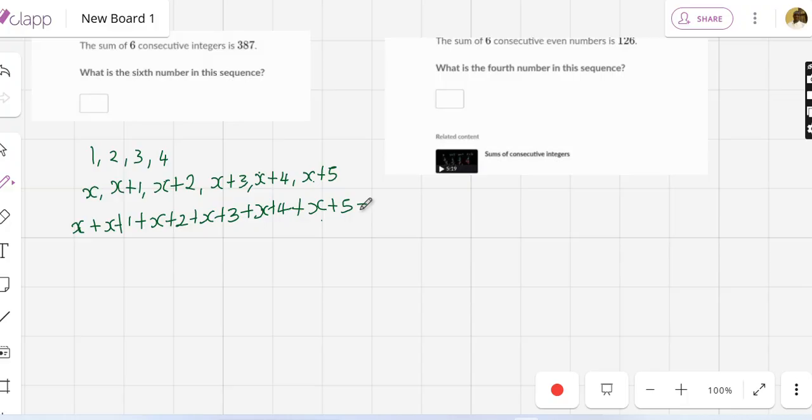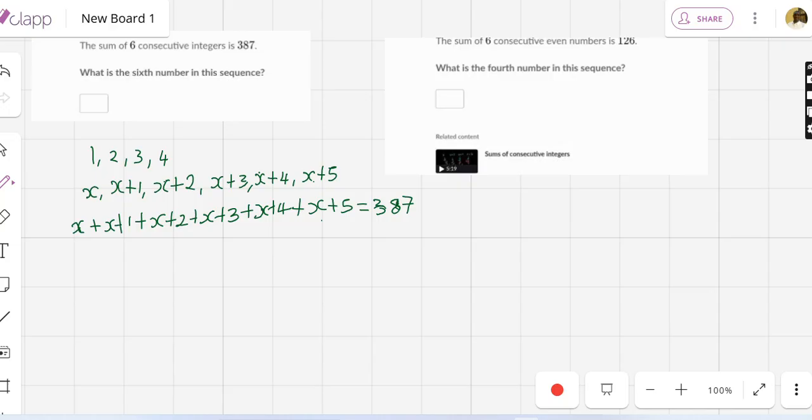Everything equates to 387. Can you see that? So that's how we interpret that.